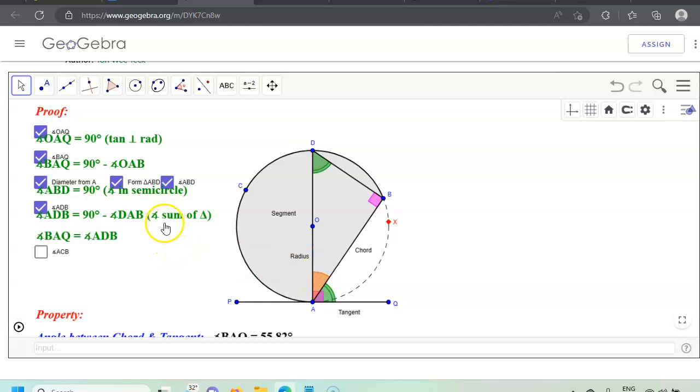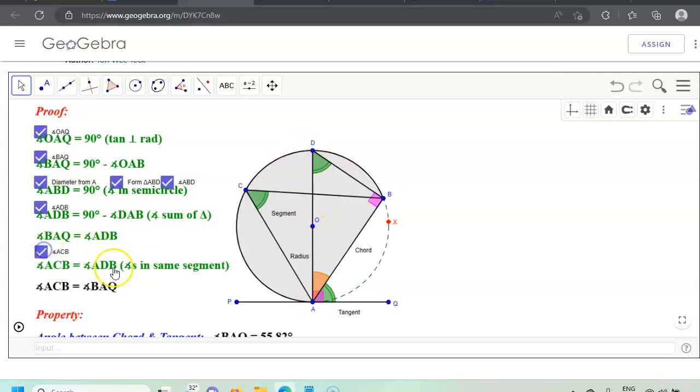Considering that the sum of interior angles for a triangle is 180 degrees, we have visually shown and algebraically shown that angle BAQ is equal to angle ADB.